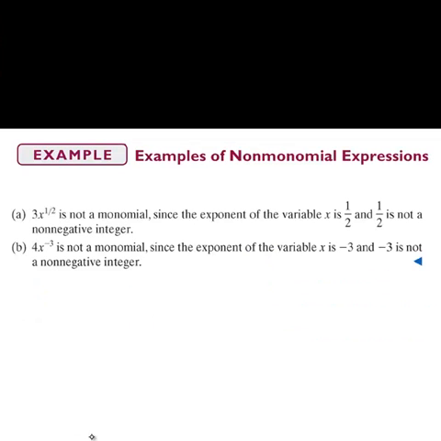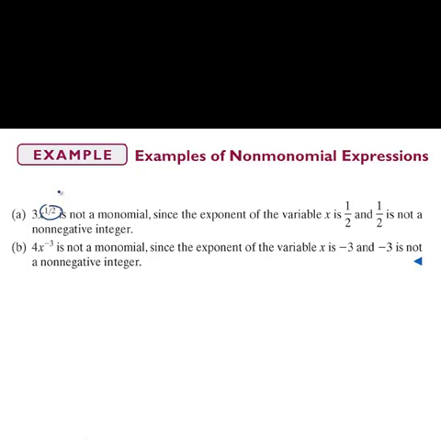Okay? Moving along here. What is not a monomial is if your variable is not raised to an integer power where the integer is at least 0. So, for example, 1/2 is not an appropriate power for a monomial.